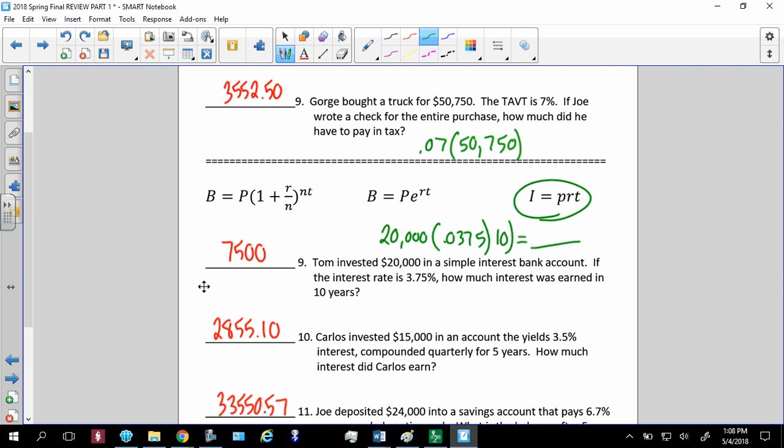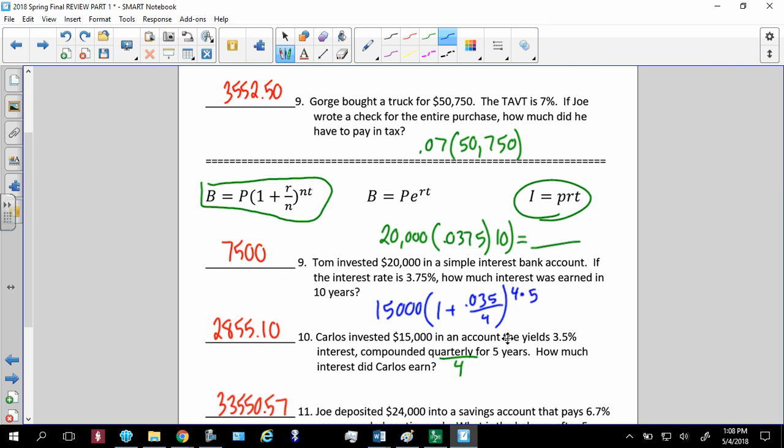Carlos invested, question number 10, in an account that yields 0.035, compounded quarterly. Whenever it's quarterly, it's going to be the big formula right here, the big boy. Quarterly is 4. So it's going to be 15,000 times parenthesis 1 plus 0.035 over 4, close parenthesis, to the 4 times 5 power.